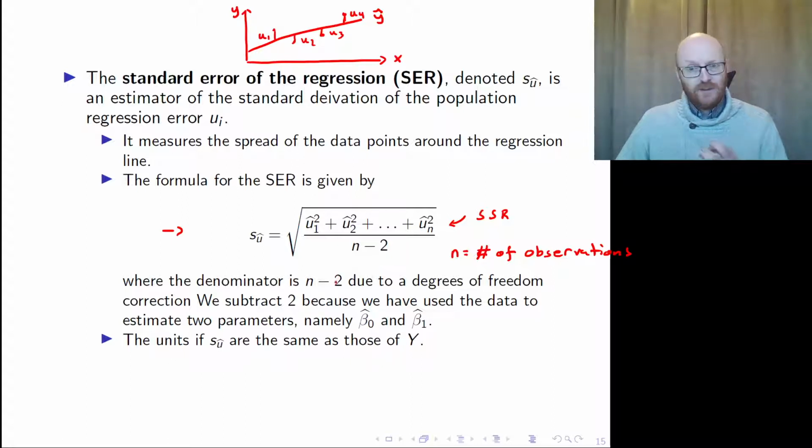So you kind of spend 2 degrees of freedom calculating these residuals.